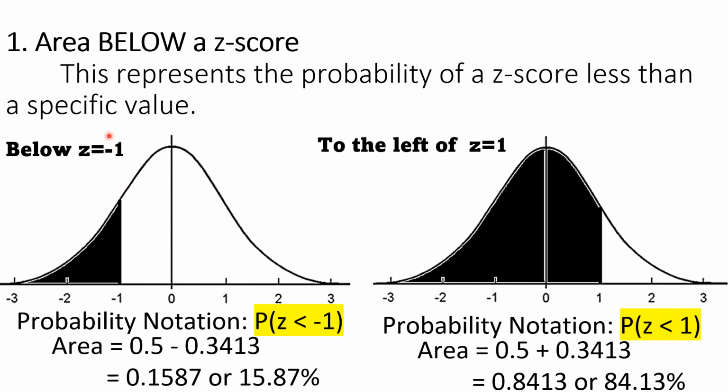So how will you know what number you will add or subtract to 0.5? Just simply look at the given z-score, which is -1 and +1, and then you get the area of that using the z-table. So the area of -1 and +1 are both 0.3413. Then do not forget to convert the area from decimal to percent.